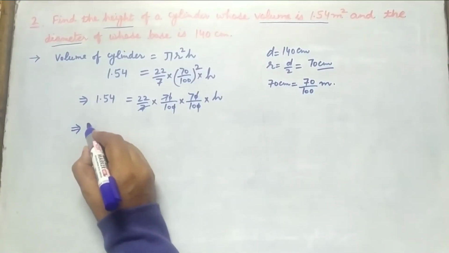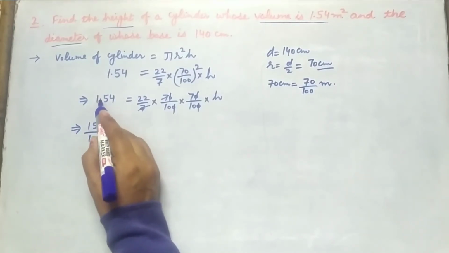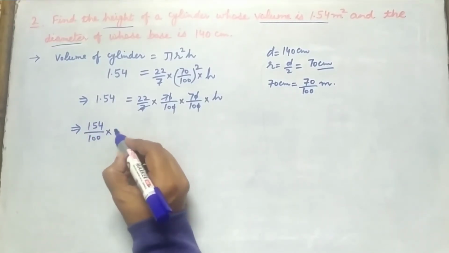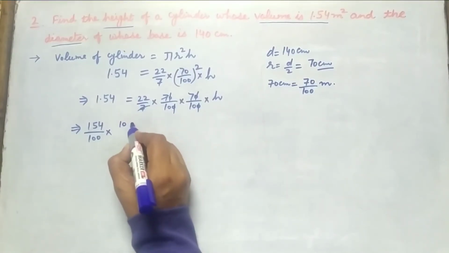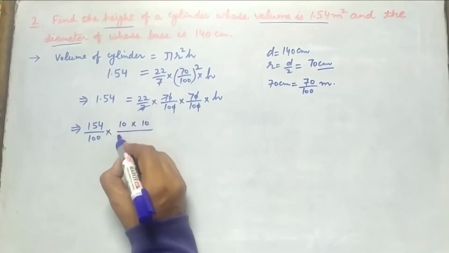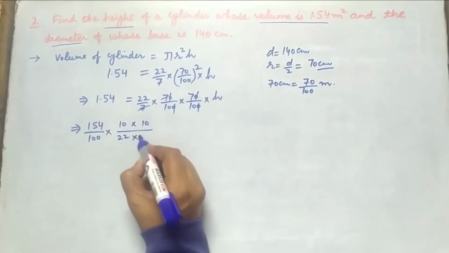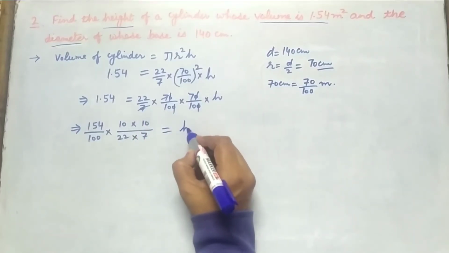Here left hand side is 154 upon 100. Removing this decimal, the denominator will become the numerator here, 10 into 10, and the numerator terms 22 into 7 go in the denominator, and right hand side will have only the value h.